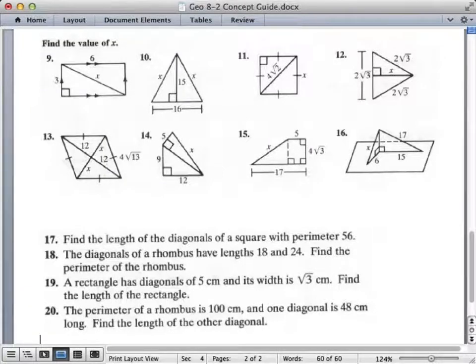All right, I want you to go ahead and try these. We've got a rectangle, isosceles triangle, square, which is a rectangle, isosceles triangle, and rhombus. This one is none of the above. It's simply a right triangle stacked on top of a right triangle, so you'll have to apply the Pythagorean theorem twice here. I'll let you see if you can figure this out.